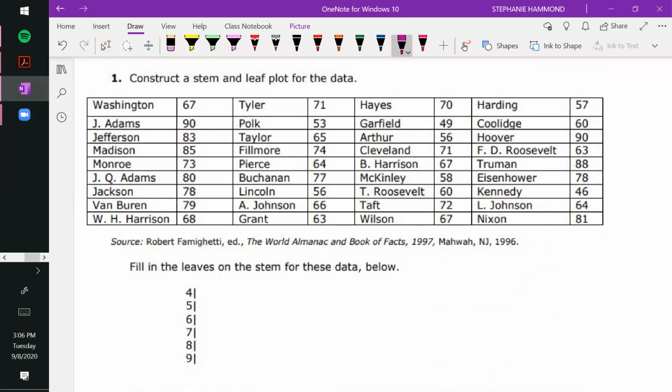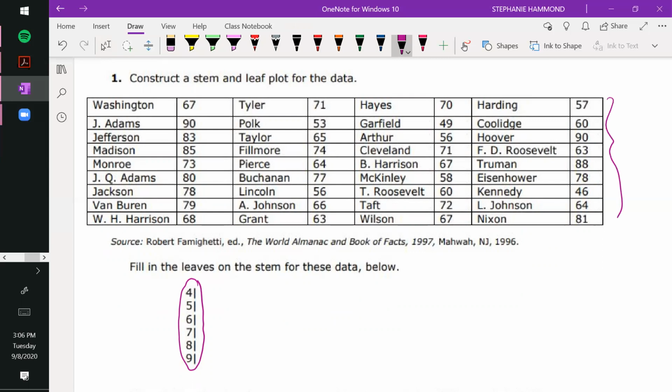The stem part of the stem and leaf plot is all of our numeric values minus their last digit. So looking at our data set here, we have all 2-digit numbers. If I take off the last digit, the ones place, we're left with just the numbers in the tens place.